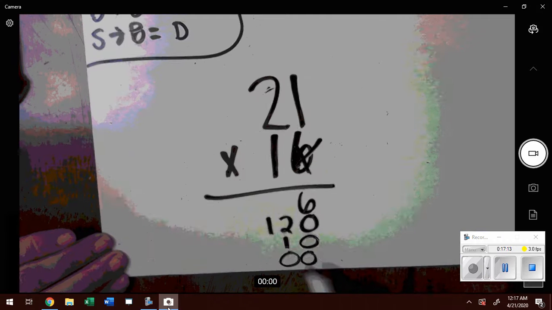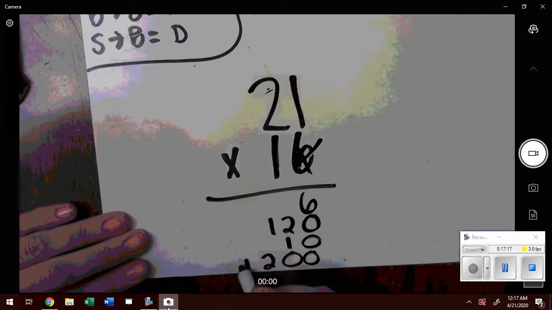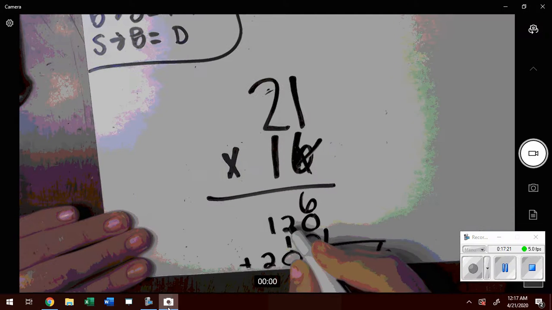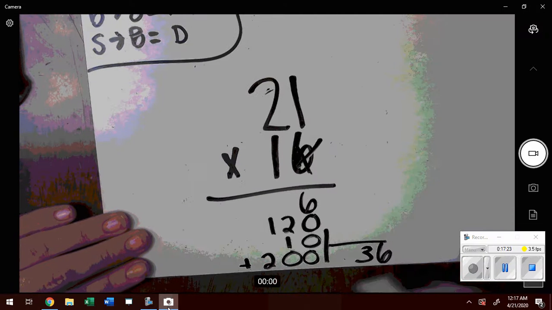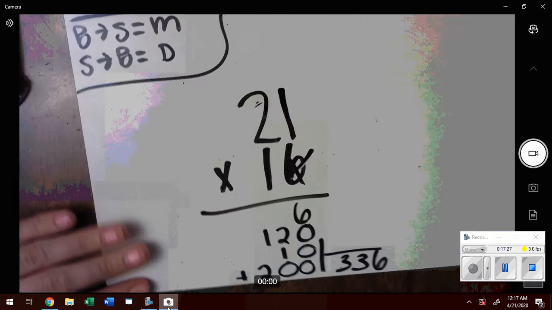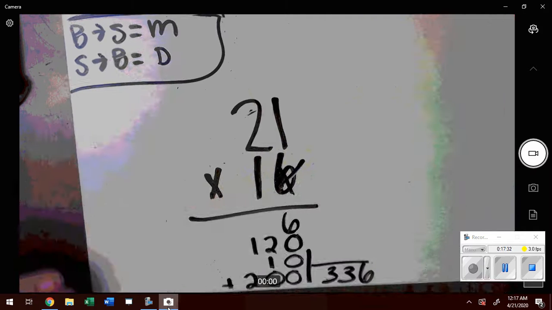Drop my 2 zeros. 2 times 1 is 2. And I kind of ran out of space here, so I'm just going to add these over here. So we have 6, 3, 3. So 21 pounds equals 336 ounces.